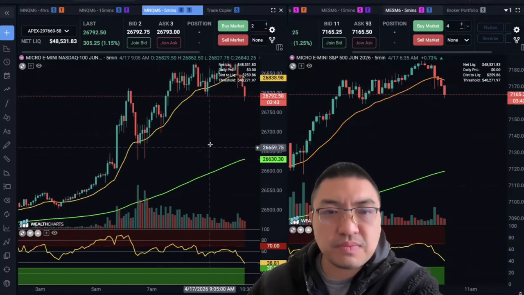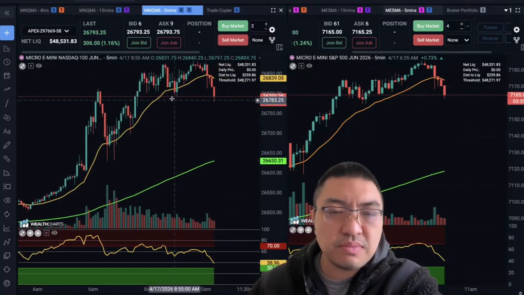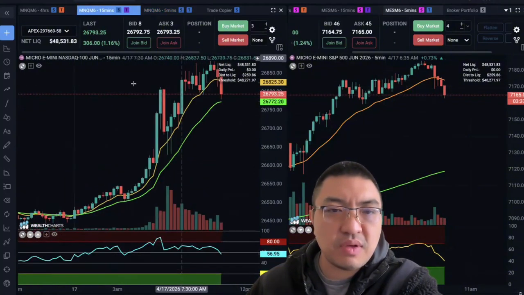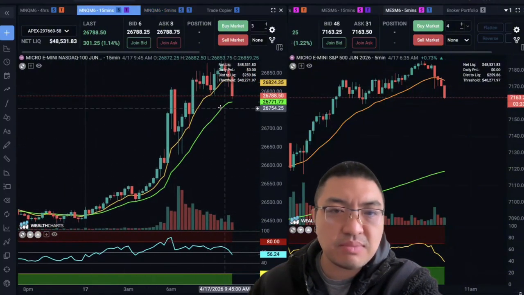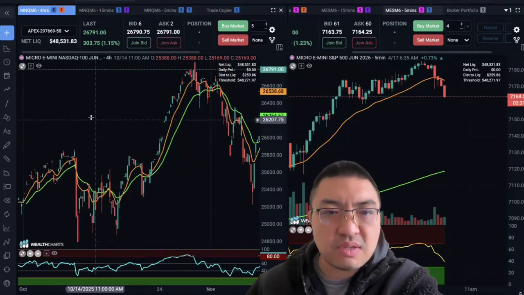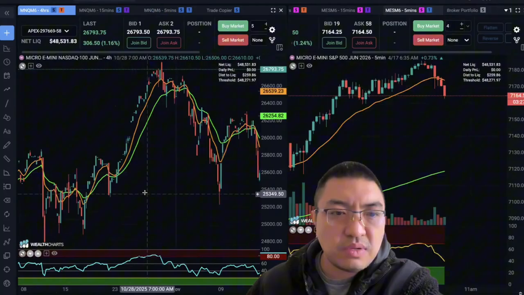So in the 5 minute chart, this is an uptrend. Even in the 15 minute chart it is an uptrend, like consolidate and uptrend. But in the 4 hour, we'll see. We are seeing the 4 hour.